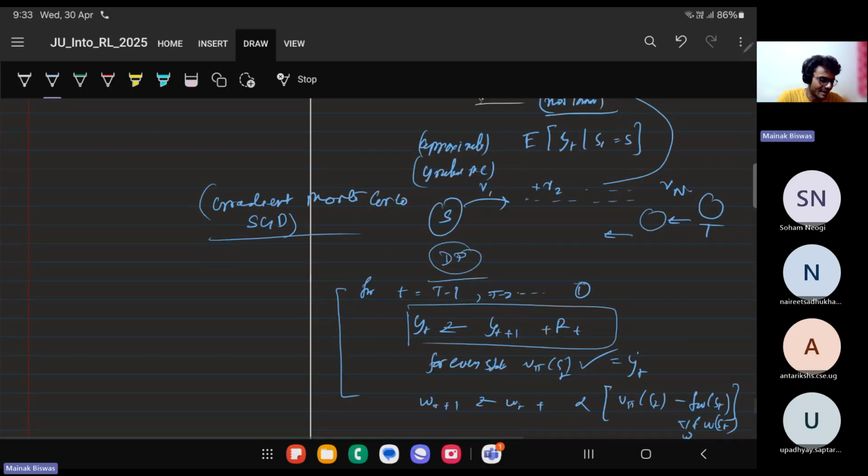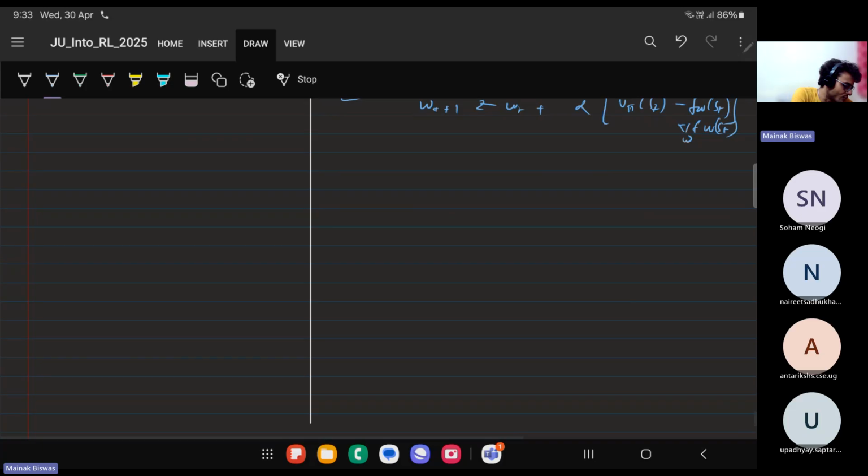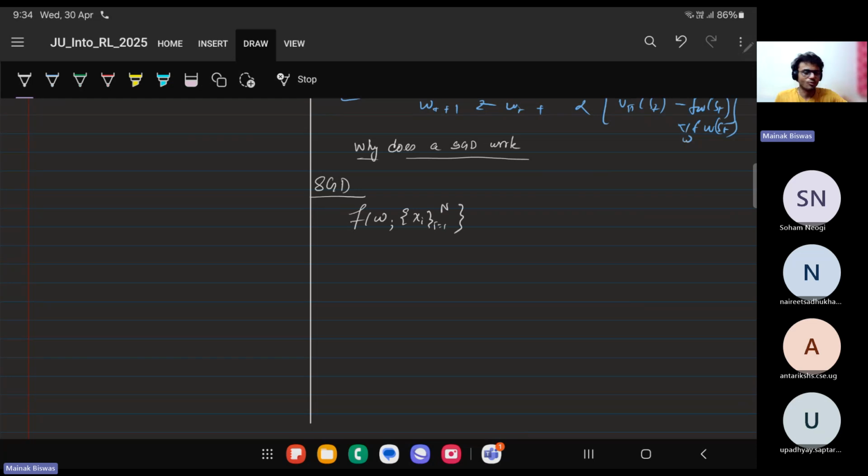But now the math that I want you to take away from SGD is this. Why does SGD work? Say you have a function f, which is a function over parameters w and a data set x_i, i equal to 1 to n. What does a data set mean? This function will have different values for all these data points, whatever function you choose, for example w m x plus c.